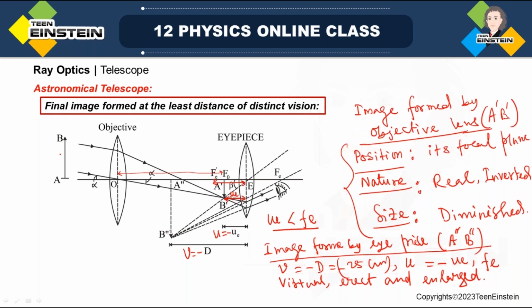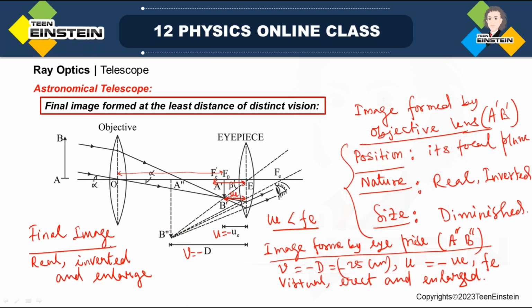See, AB is like this. And see this A double prime, B double prime. So final image is real, inverted, and enlarged.